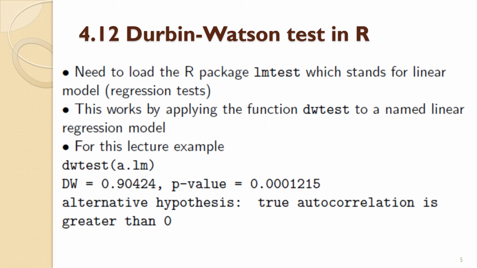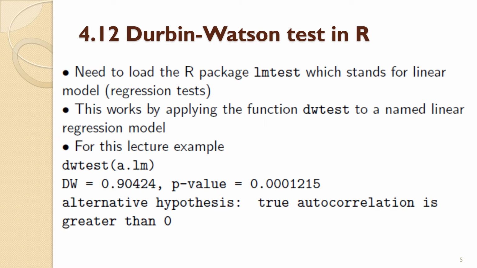Once you've loaded the package, the function that you need is dwtest, which stands for Durbin-Watson test. These things are logically named, and the idea would be that you would run the regression model in the usual way, and then apply this dwtest function to a named linear regression model object.